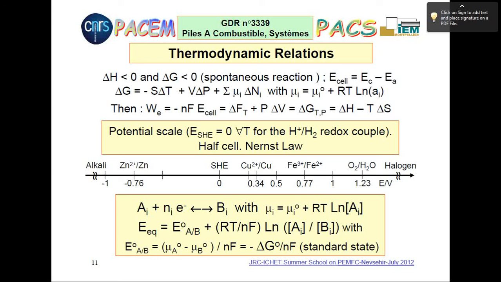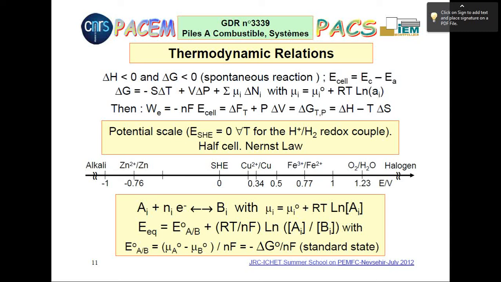You must have a reference point. Normally you take the difference between any electrode potential and this reference point, which you can calculate by the Nernst law. I just don't want to go into the details of the calculation.